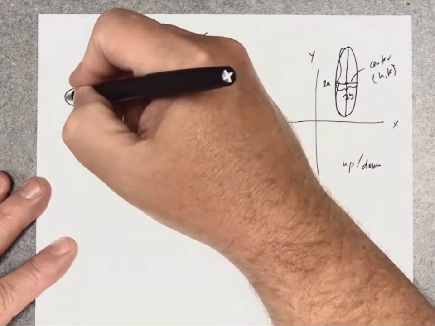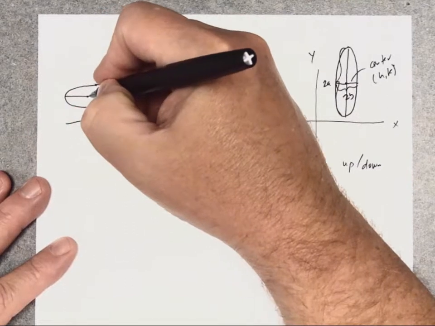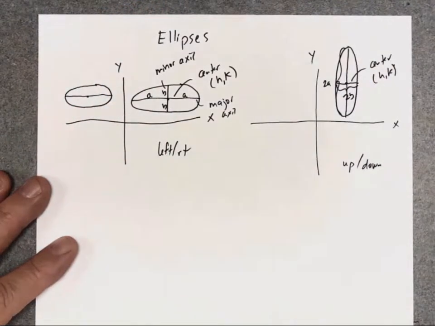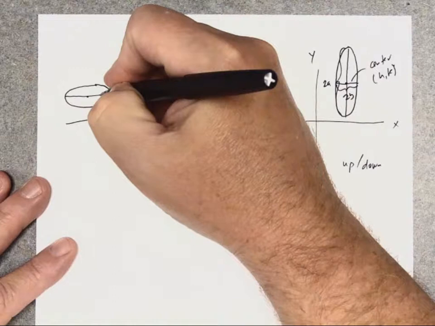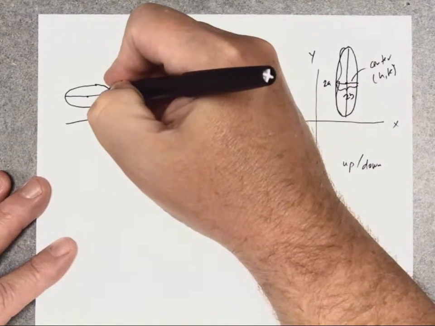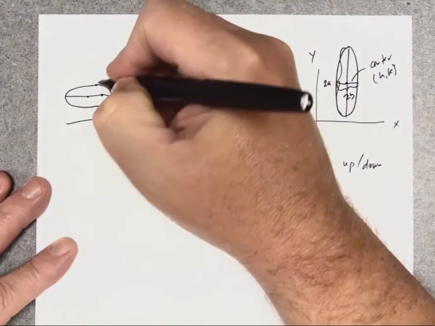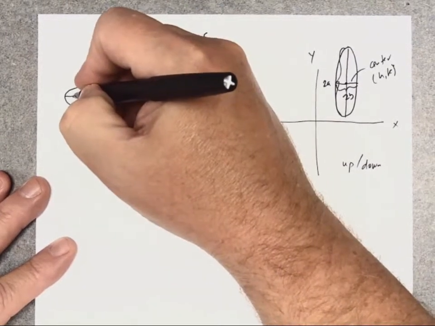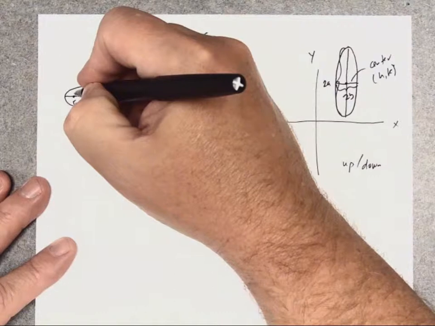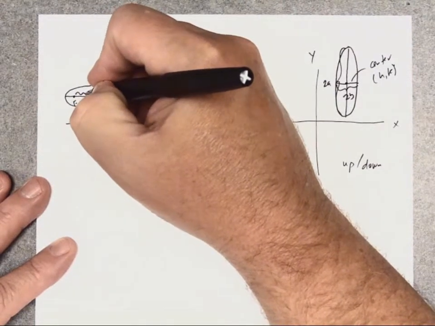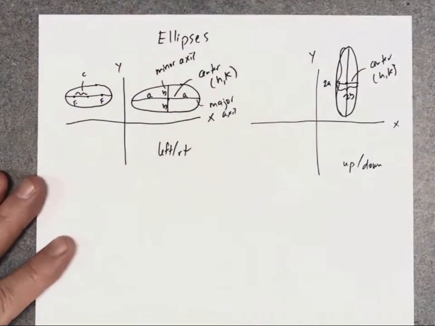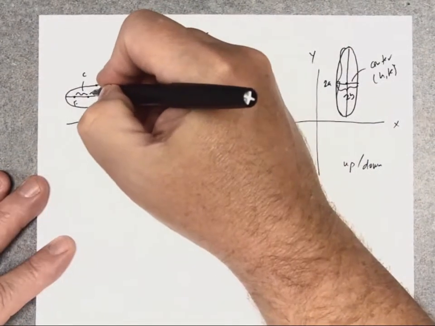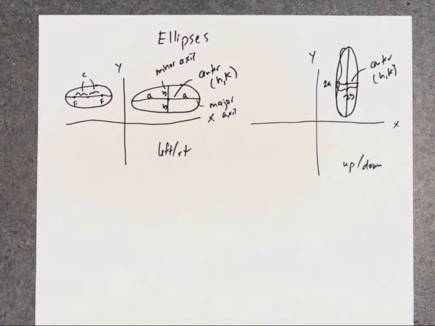The foci sit on the major axis, and they're the same distance on either side. That's a foci, or focus point. And the distance from the center to the foci is called c.